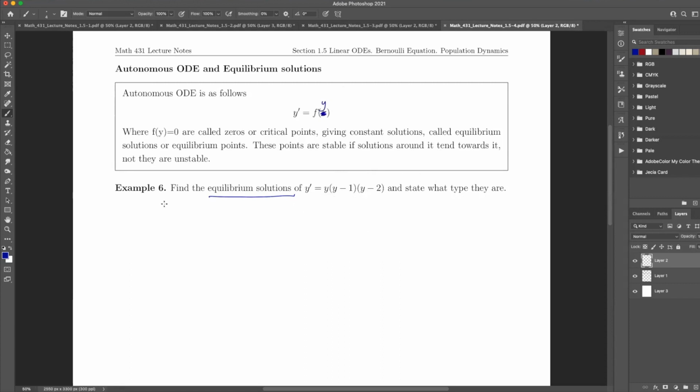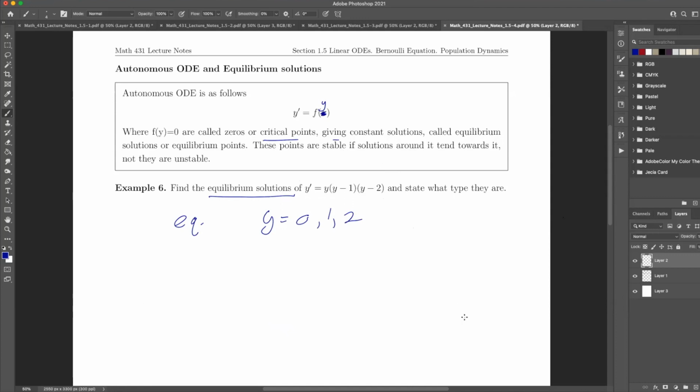And our equilibrium solutions, where f of y is equal to 0, are called critical points, giving constant solutions called equilibrium solutions, equilibrium points. So if I want to find the equilibrium solutions and state what they are, I'm just going to figure out where this is 0. Well, the equilibrium solutions here, I just call them EQ solutions, are y equal to 0, 1, and 2.